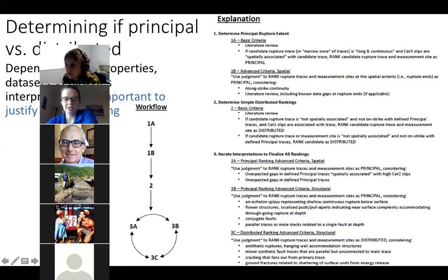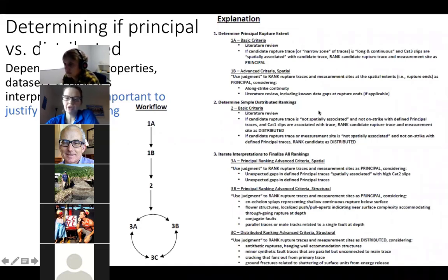So the process is going to be a little bit iterative, but at first you want to start, for example, qualitatively, with what seems to be the most obvious primary faults, and how you can describe those in terms. For example, you may want to look at the faults that are long and continuous and use those first to call your primary faults.